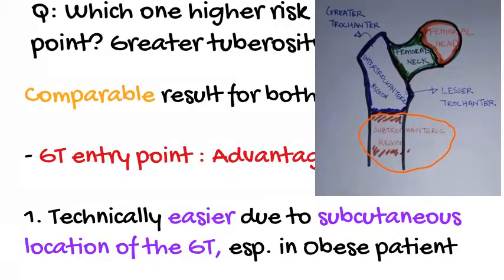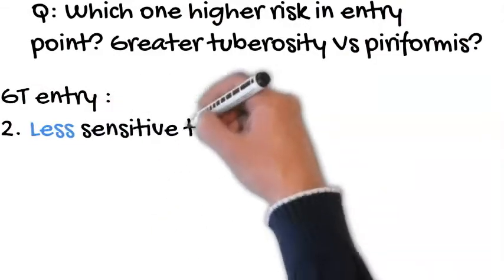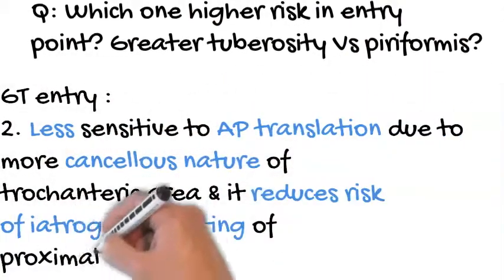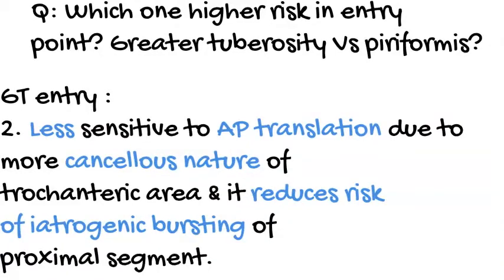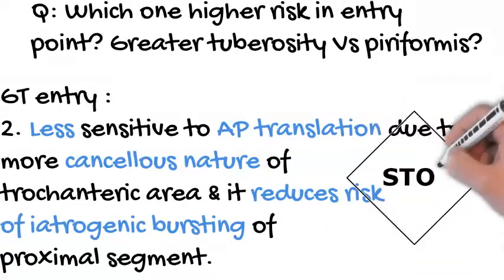Technically easier due to subcutaneous location of the GT, especially helpful in an obese patient. 2. Less sensitive to anterior-posterior translation due to more cancellous nature of trochanteric area, and it reduces the risk of iatrogenic bursting of proximal segment.